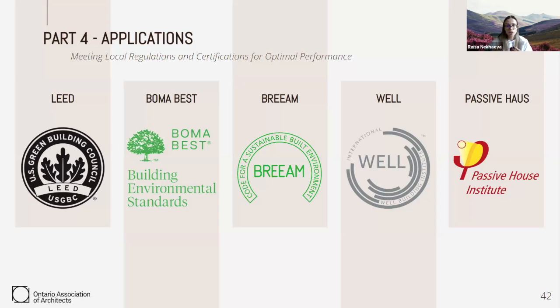They may encourage or require innovative technologies and strategies that are not yet reflected in building codes. Certification programs frequently update their criteria to reflect new advancements and promote continuous improvements in building performance. This means that achieving certifications often requires going beyond the current building code requirements.